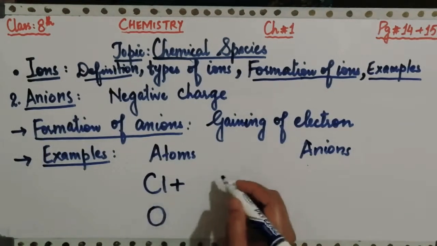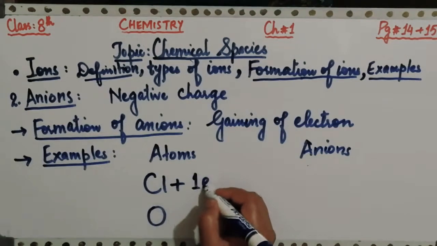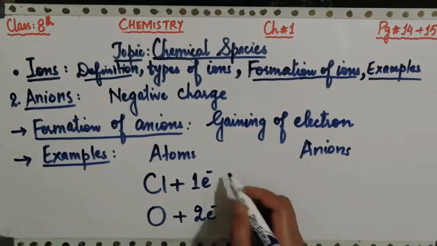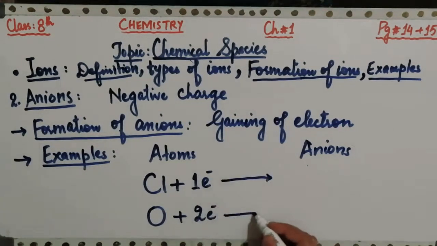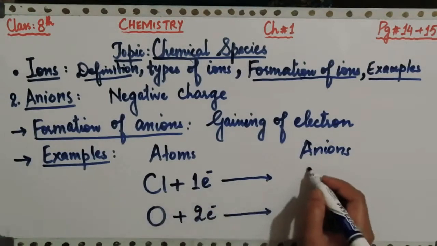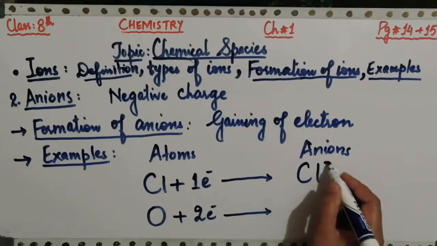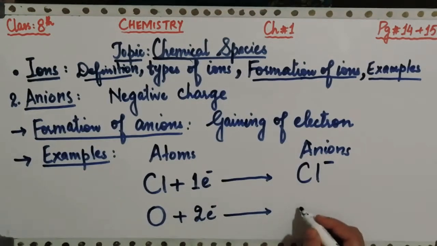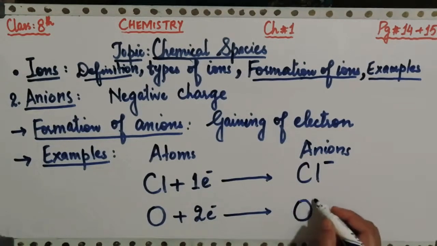Chlorine accepts or gains one electron from any other atom, while oxygen gains 2 electrons from other atoms, and finally they form their respective anions. For example, the chlorine atom becomes the chloride ion having 1 negative charge because it is gaining 1 electron, while oxygen becomes an anion in the form of the oxide ion.